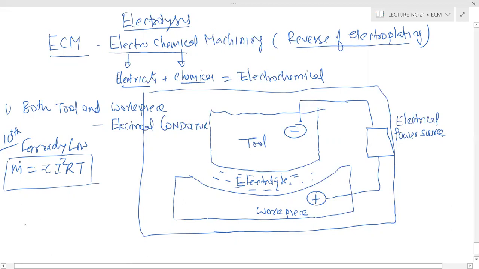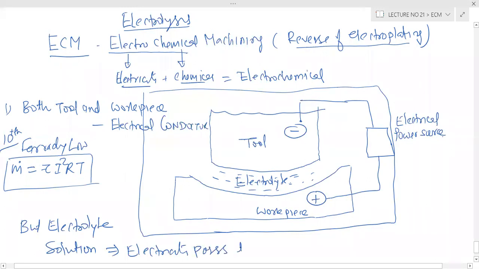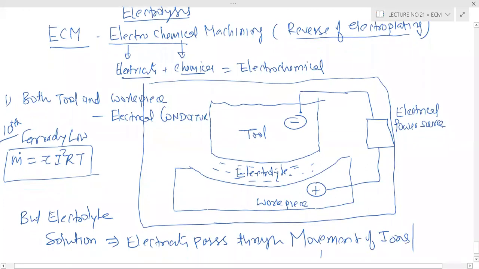But in an electrolyte solution, electricity passes through movement of ions, that is, we can say movement of matter.